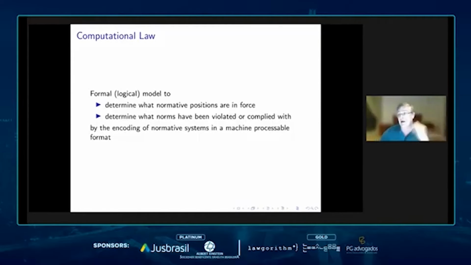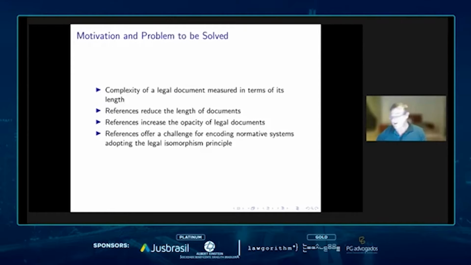And then after we have the legal requirements in force, we can determine whether they have been violated or complied with. All of this can be done in a machine processable way.